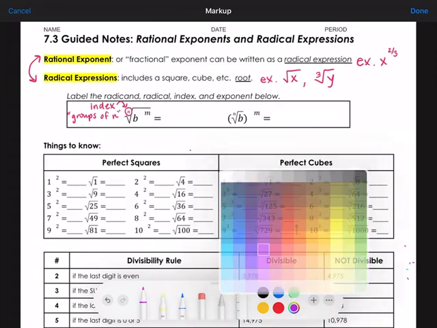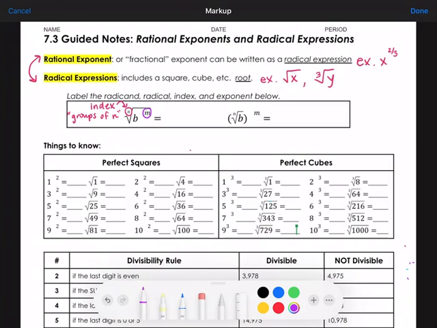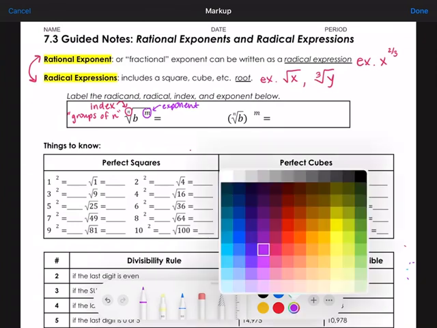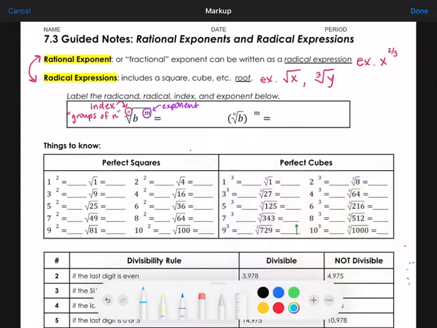Whatever that number happens to be, we're making groups of that amount. This number, we're familiar with, is an exponent. And whatever is under the radical symbol has a special name. It's called a radicand.